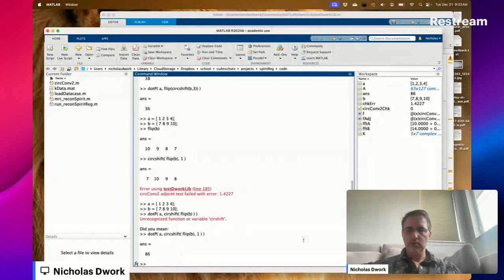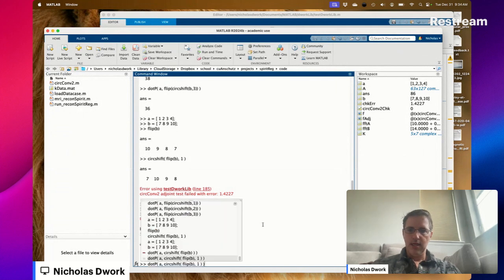Because that's when the two origins line up. Here, the origin of A is the 3. The origin of B is the 9. The origins line up. We'd take the dot product of those two things. The origin of flipped B is the 9, or the same thing. Take the dot product of A with the flipped B, so it's going to be the dot product of 1, 2, 3, 4, and 7, 10, 9, 8, and then that answer should be 86.